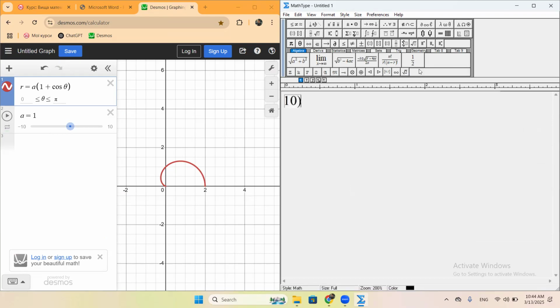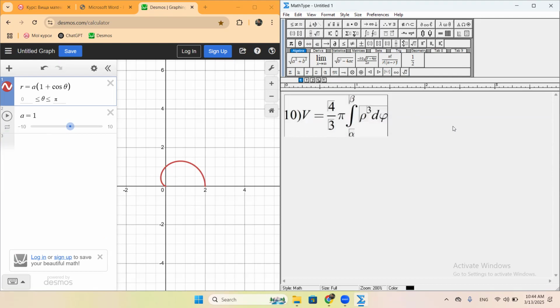Volume equals 4 over 3 p, from alpha to beta, rho cubed d phi.